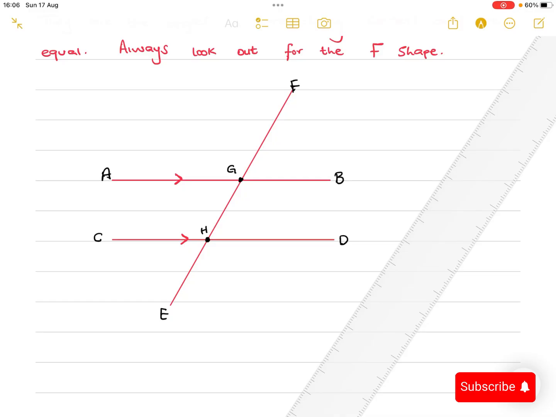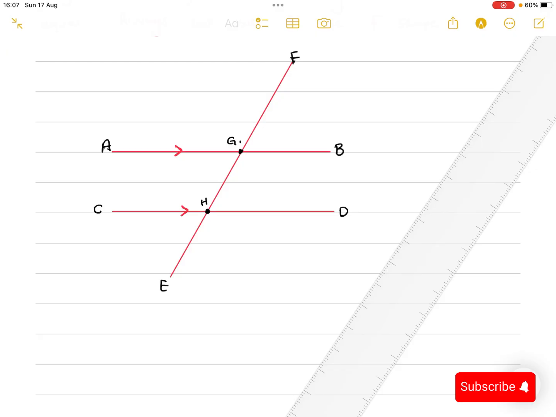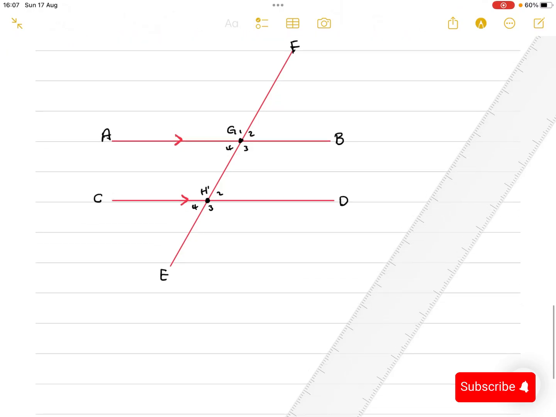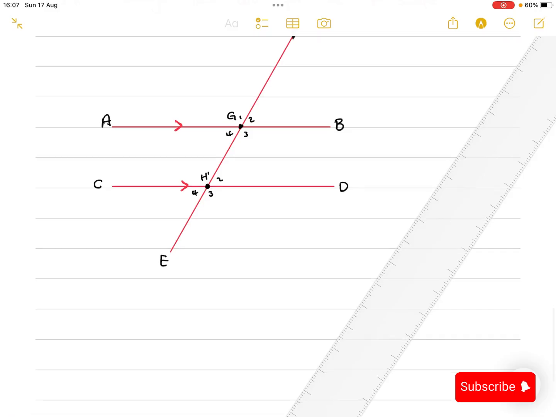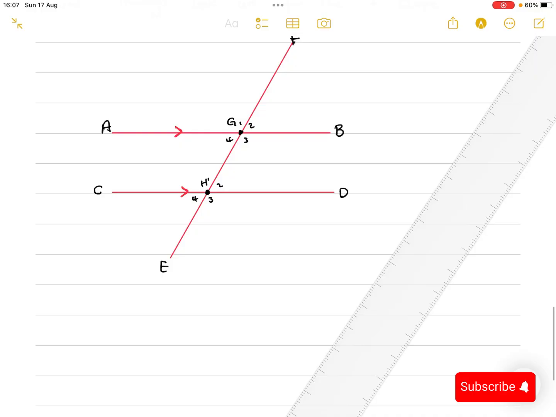So by being corresponding, they are referring to angles. Here it's G1, G2, G3, G4, H1, H2, H3, and H4. So when you are looking at angles that are corresponding, follow exactly my lead.